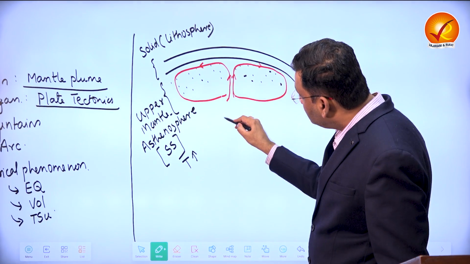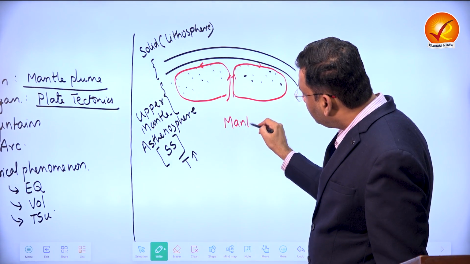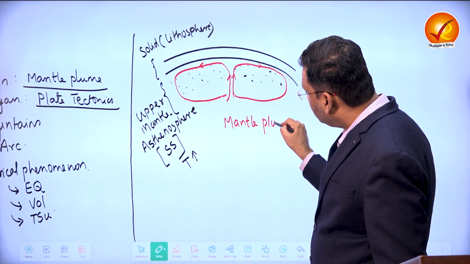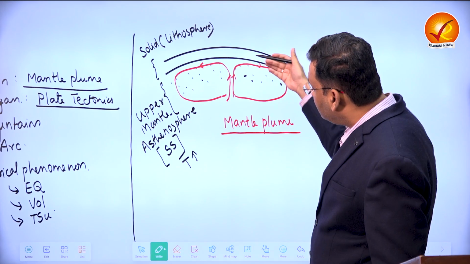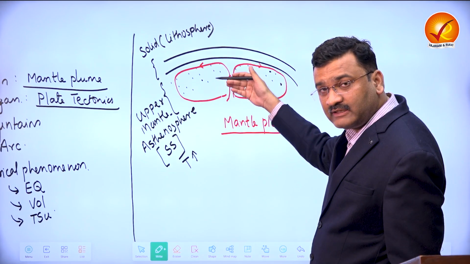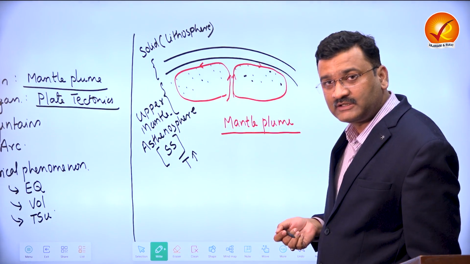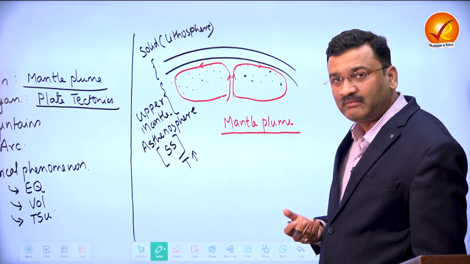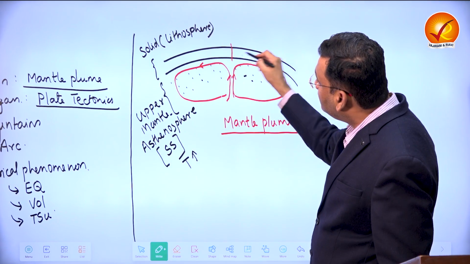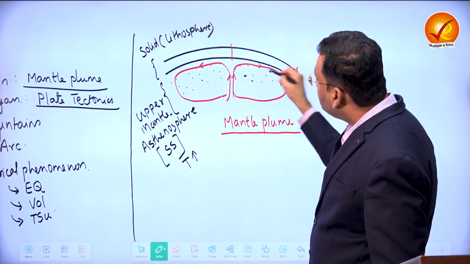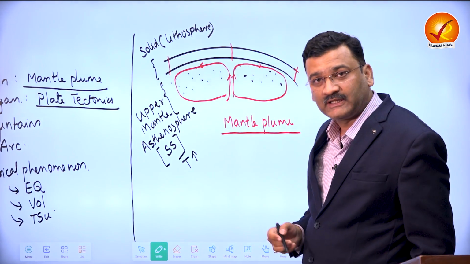These are known as the mantle plume. This rising material from the interior, particularly the upper mantle, is known as a mantle plume, and this mantle plume will cause the movement of the lithosphere.